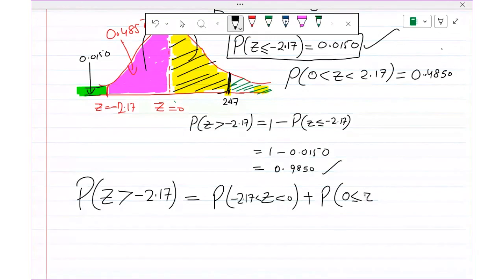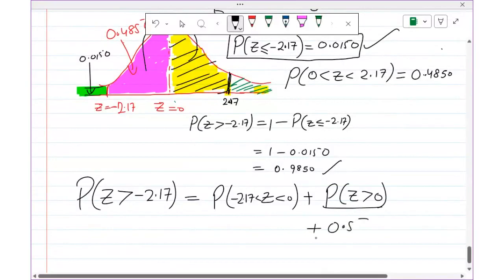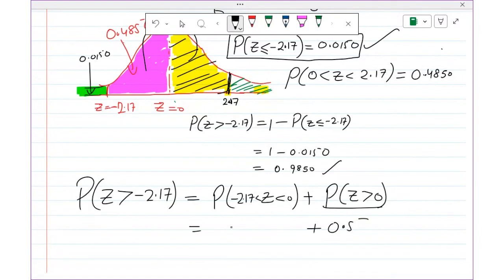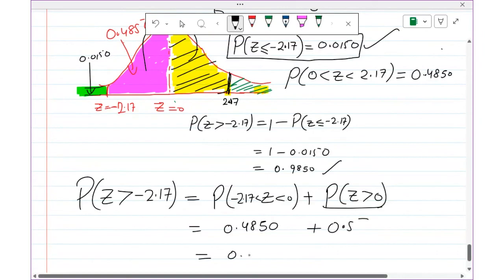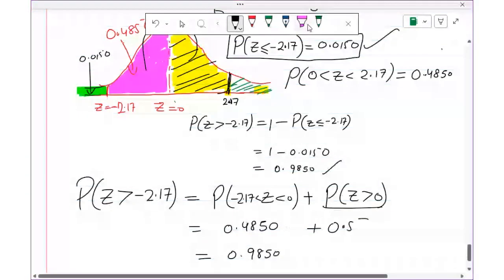On the right side means greater than 0. Area when z is greater than 0 is half, 0.5, because the total area is one, one side is half, the other side is half, and this pink color area is 0.4850. If you add this, you will get 0.9850.